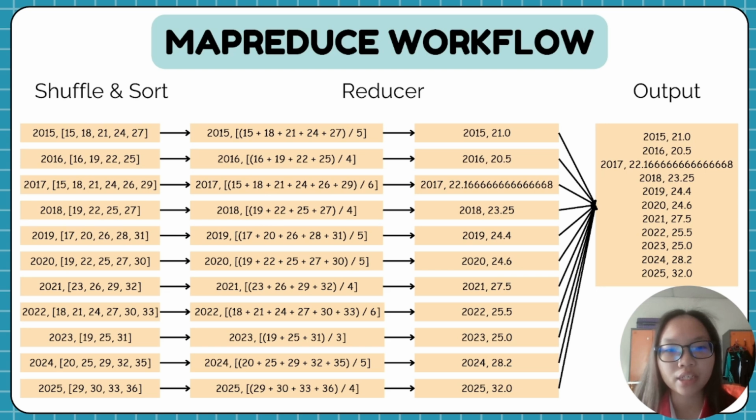After calculating the average temperature, the output will become 2015, 21, 2016, 20.5, 2017 until 2025, 32. The output will be stored in the Hadoop Distributed File System, the HDFS, for analysis.